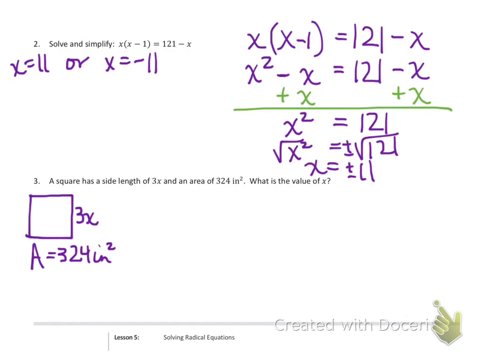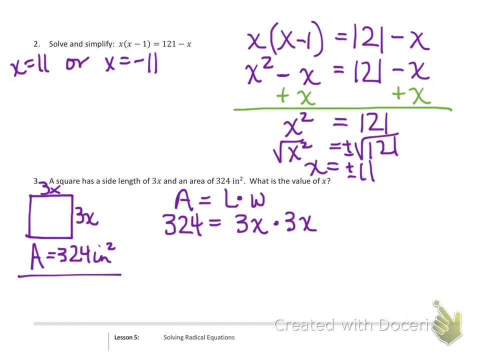All right, so what do we know about area? We know area is length times width. Since this is a square, all of the dimensions are 3x. So we have area is equal to base times height, or length times width, whichever one. So we know the area is 324. And we know the length and the width are both 3x times 3x.